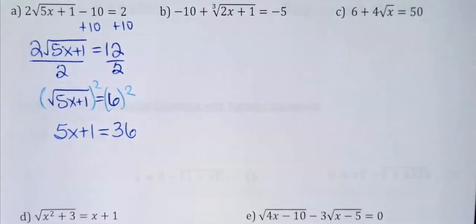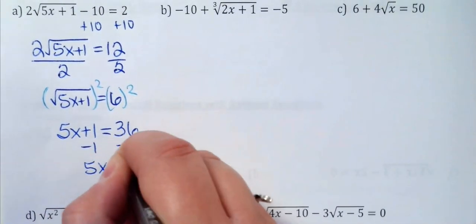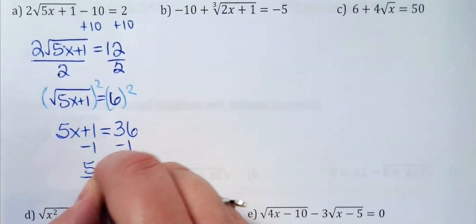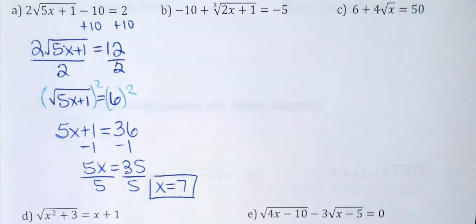And then from there, usually the equation's not too bad to solve. I'm going to subtract 1 here, get 5x equals 35, divide by 5, and x is just going to end up being 7. And that's it. That's all you have to do.